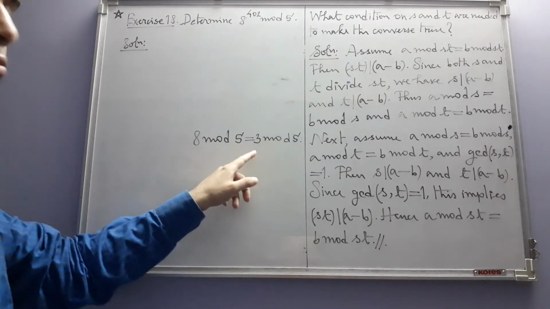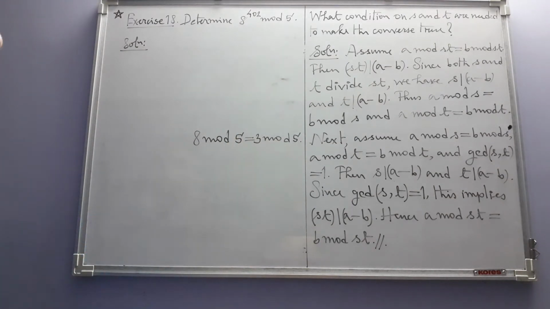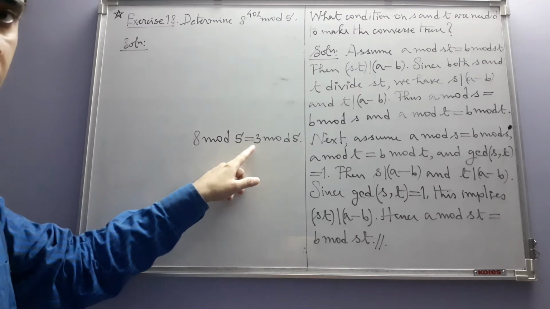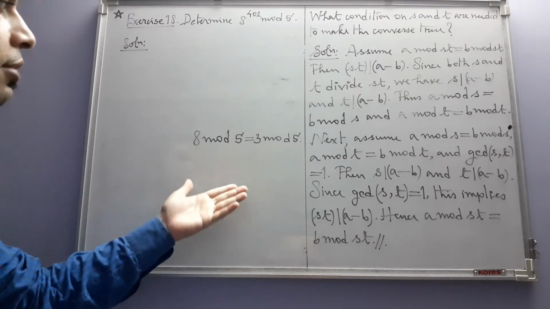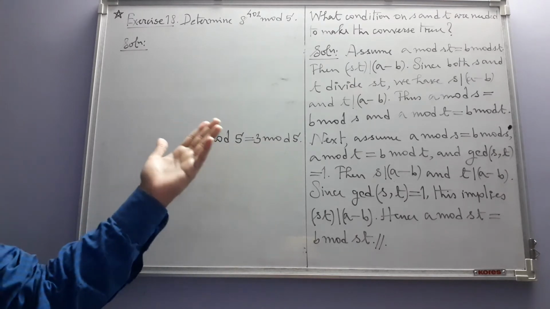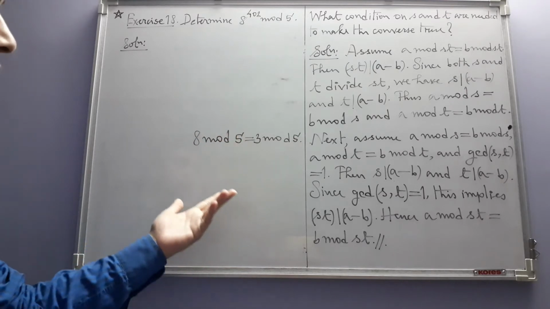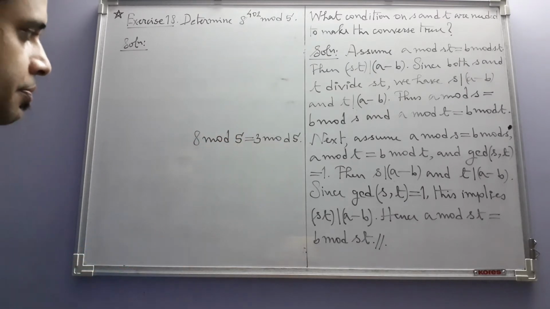However, this will not be a very good simplification, although we do have 3 in place of 8, but still if you raise 3 to the 402th power, that is still unmanageable.